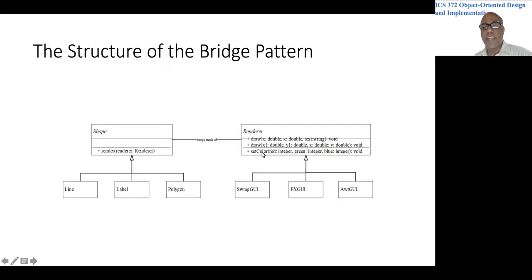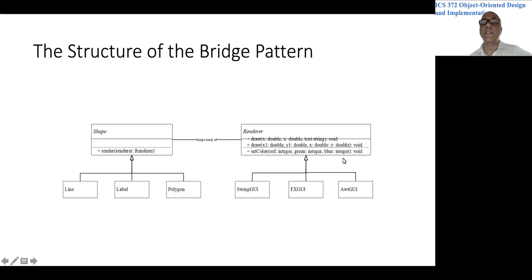The third method is very different in its nature. The set color method can be used to give a color to that shape so that the technology will render the shape in a certain color. So you're passing the amount of red, green, and blue.